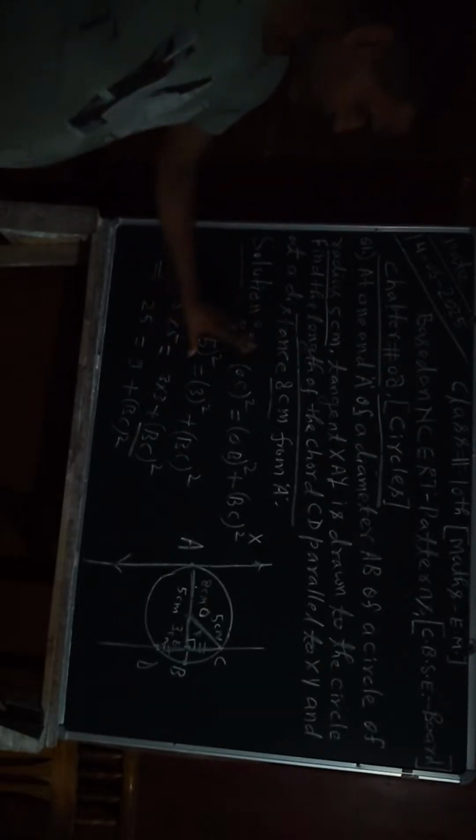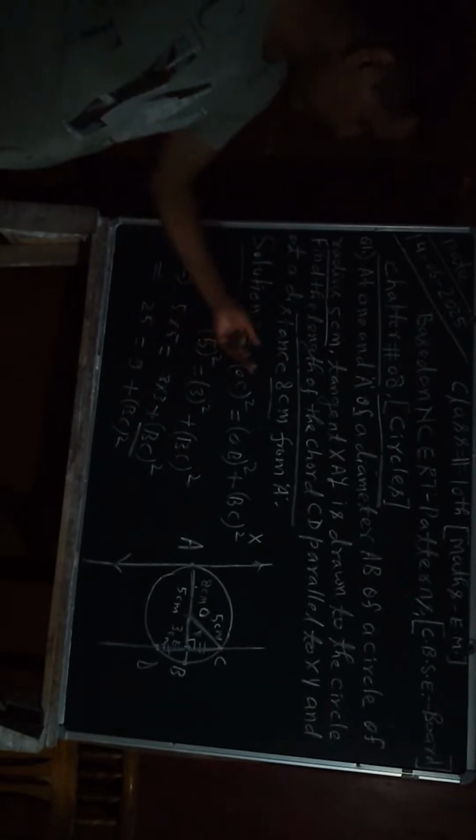Next I will use the table for 5 times 25, and then I will write 25, and this will be into 3, 3 are 9, and then I will put here BC square.